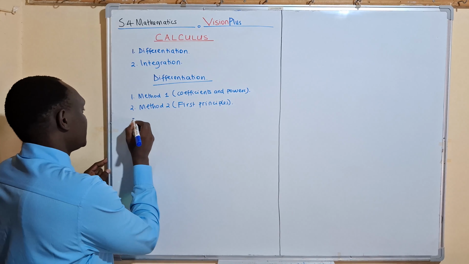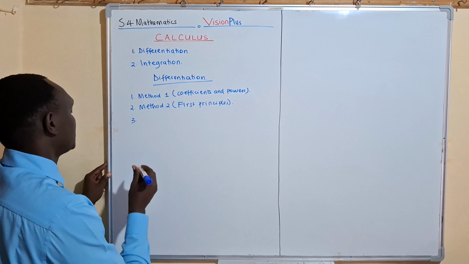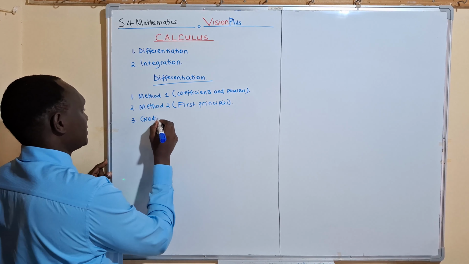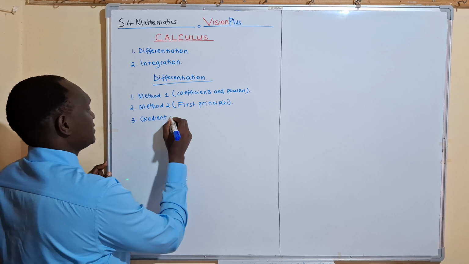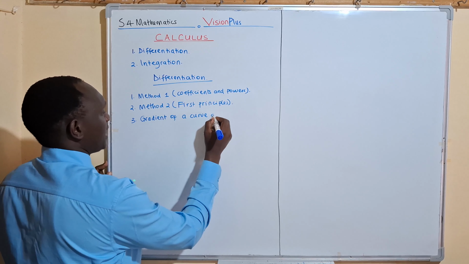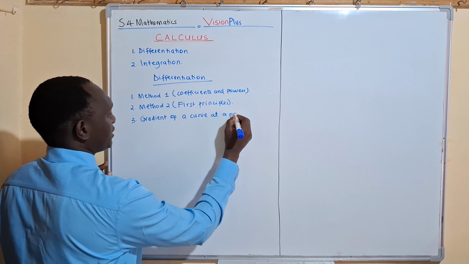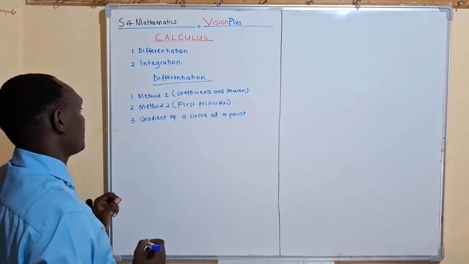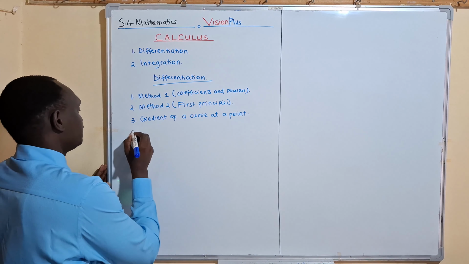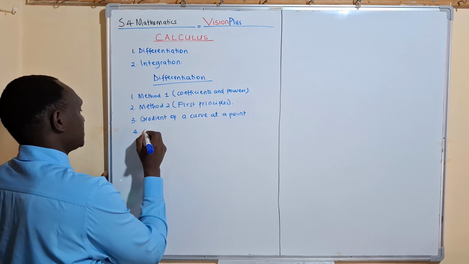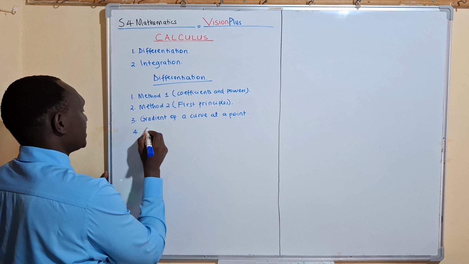And the third thing that we shall look at here is gradients of a curve at a given point. We shall look at how we can get the gradient of a curve at a given point. 4, we shall look at normals and tangents.